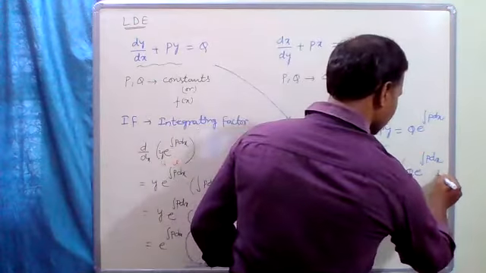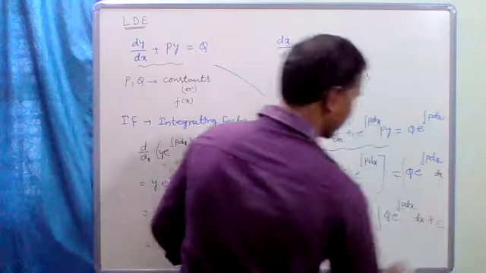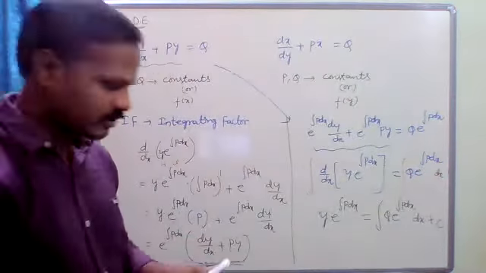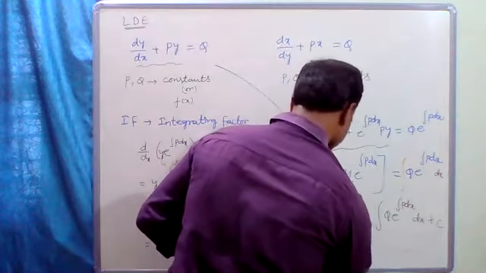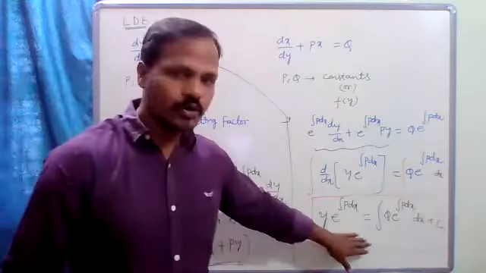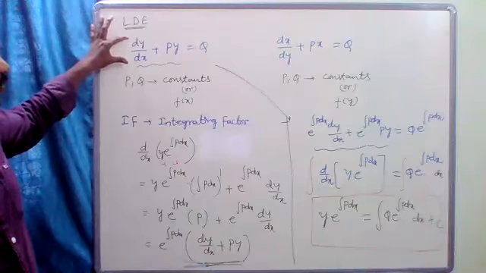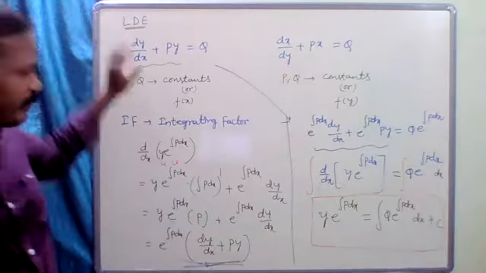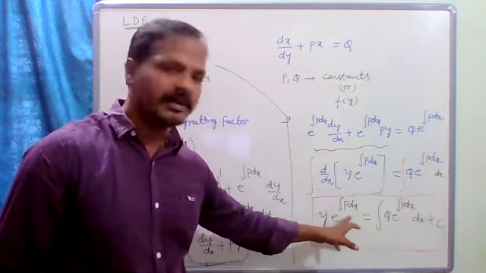Since we integrate, you have to apply dx plus c, the integral constant will be there. So this is the solution of this linear differential equation. What is e power integral p dx?